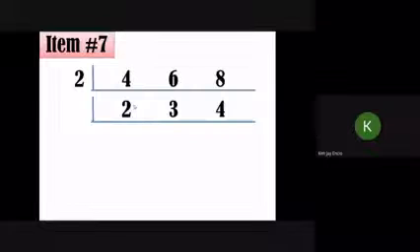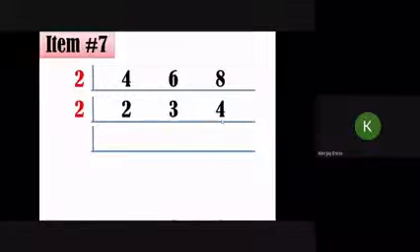Pairwise relatively prime means that whatever two numbers you take, their GCF has to be 1. For example, in this case, 2 and 3, their GCF is 1, so never mind. 3 and 4, their GCF is also 1. But 2 and 4 have a GCF of 2. So you continue.